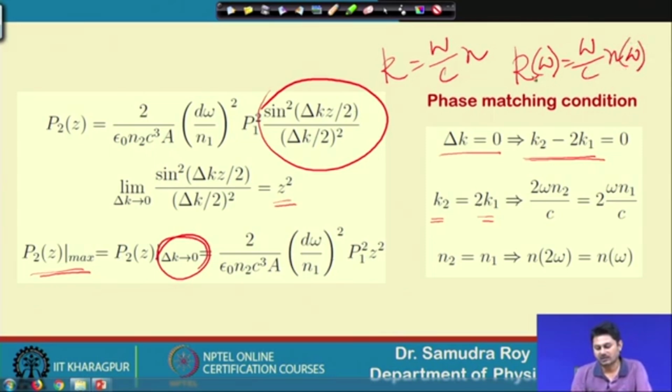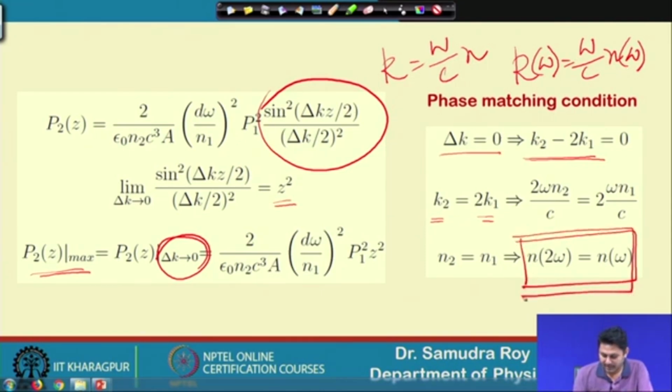So, now if k is at 2 omega, we will have 2 omega here and n of 2 omega, which is n 2. So, eventually we will have one expression which suggests that it can be possible if the refractive index of 2 omega is equal to the refractive index of omega.